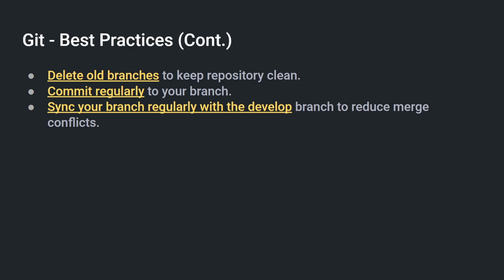But if it's very old code, then you can go ahead and delete those branches. And then also make sure to commit regularly to your branch when you're working on a feature, and sync your branch regularly with the develop branch to reduce merge conflicts. And that's it. Thank you.